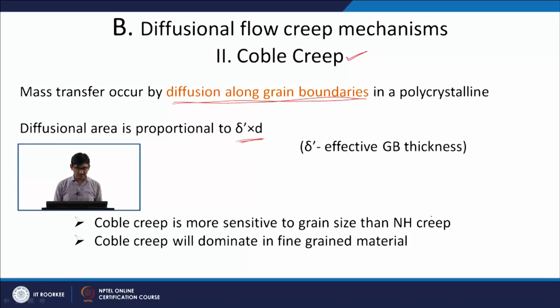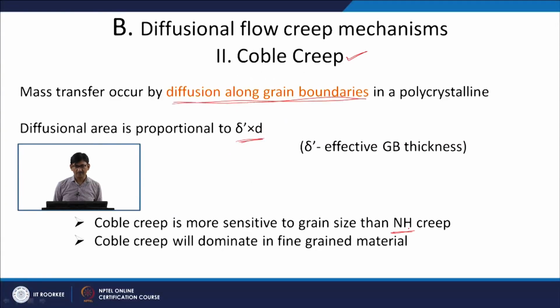So, Coble creep will start dominating for finer grain materials, because you will have more grain boundary area as compared to a coarse grain material. So, in coarse grain material you will have NH creep, and in fine grain material you will have Coble creep.